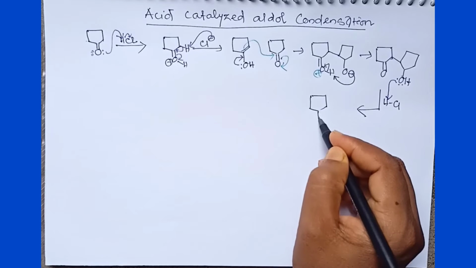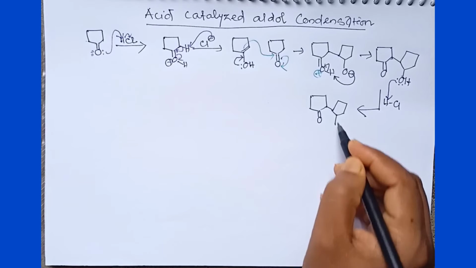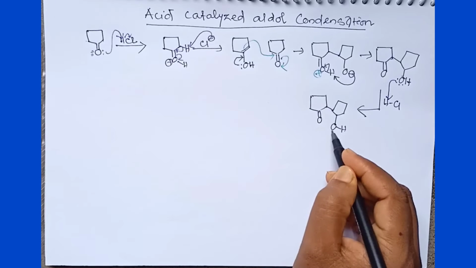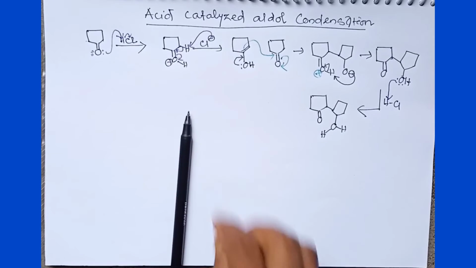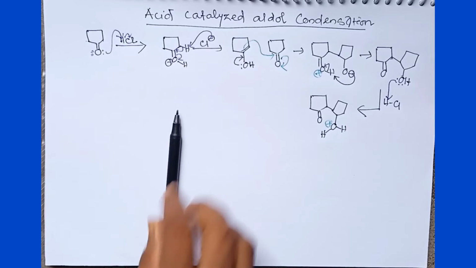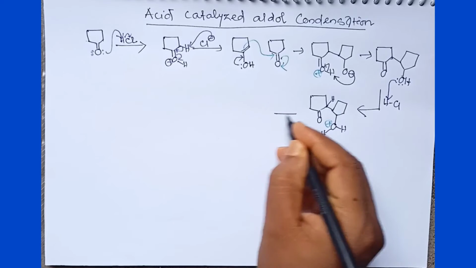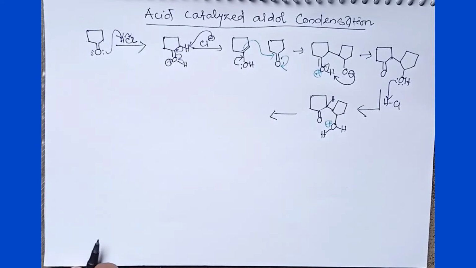We will write the molecule. Now it will gain formal positive charge. Here again there is an alpha hydrogen.